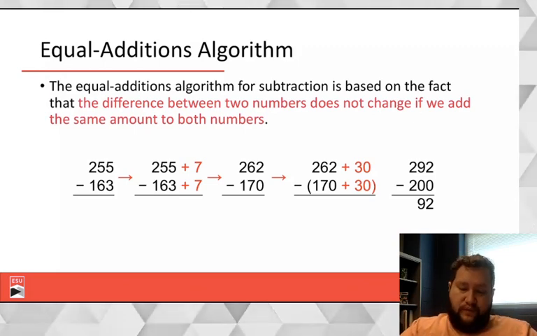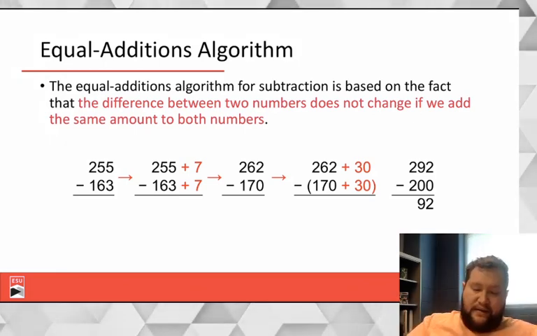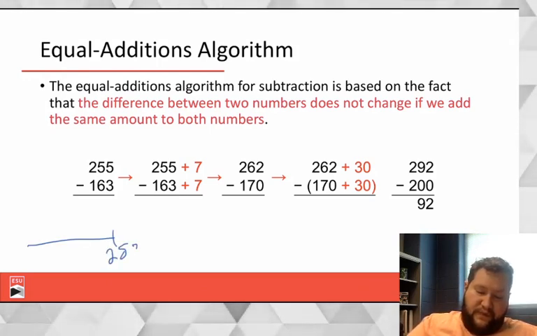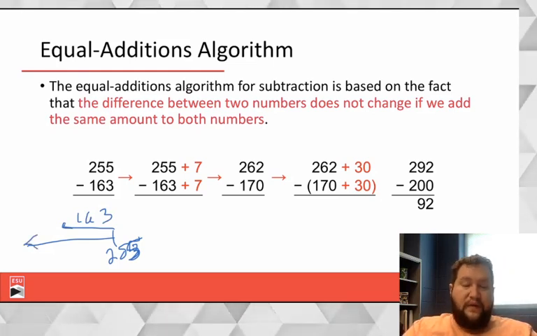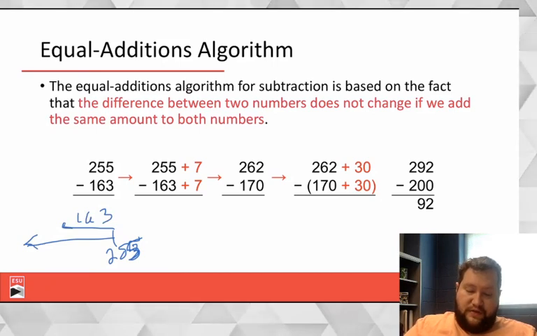So on a number line, here we have 255, and then we go left 163. Where do we end up? Well, what we can do is shift that whole picture to the right. So now we have 262, left 170.